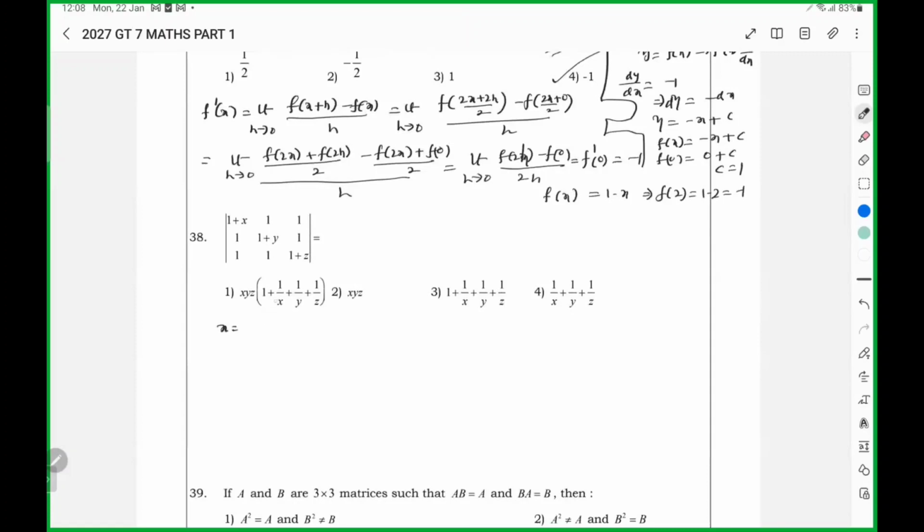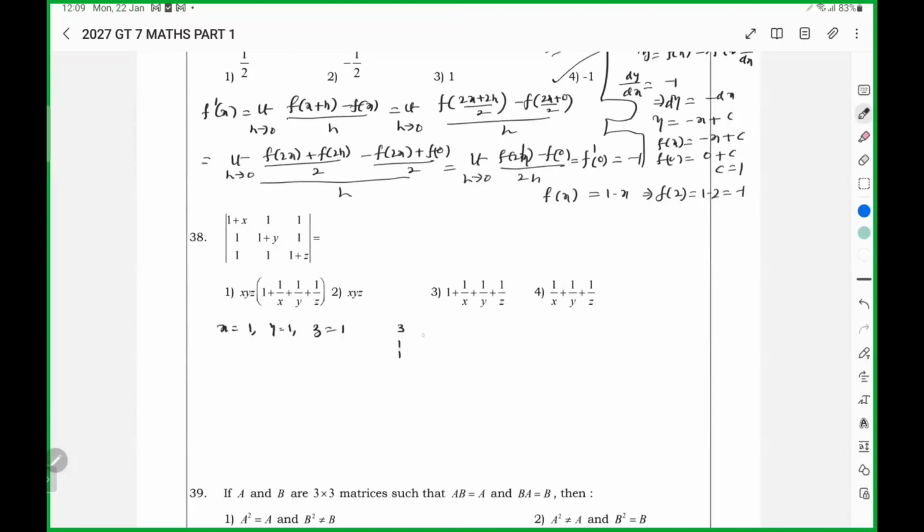This type of problem, you can just substitute any number. So comfortably, what I suggest you is, if you take 1, 1, 1, for example, let us check. X as 1, Y as 1, Z as 1.